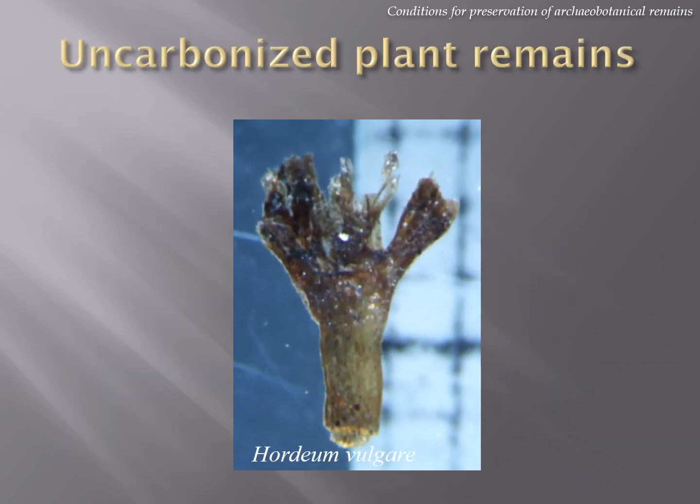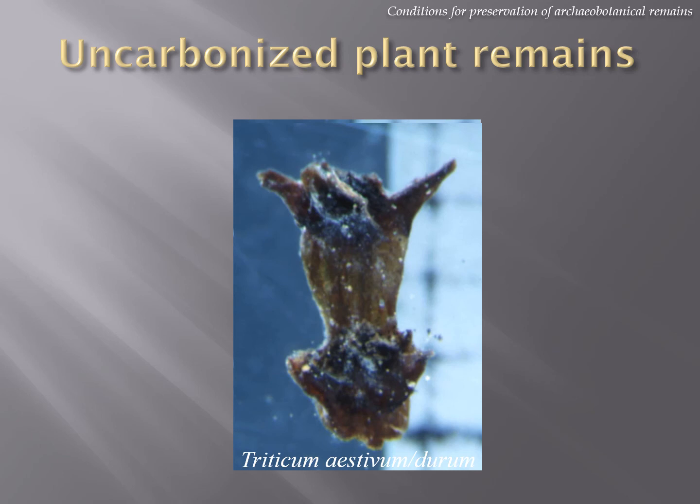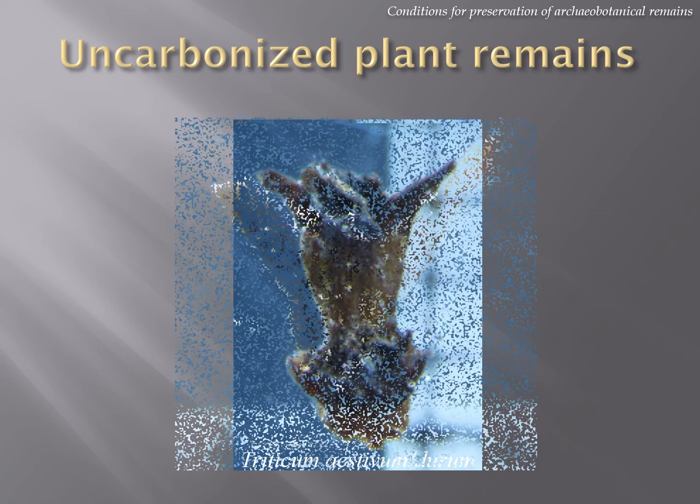Here are some examples of uncarbonized plant remains, as they usually occur in waterlogged sites. Most frequent are the cereal remains, including chaff from crop processing, such as rachis internodes of barley and free threshing wheat, or spikelets of emmer wheat.